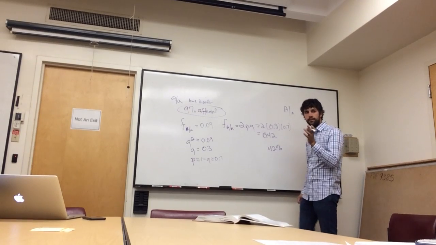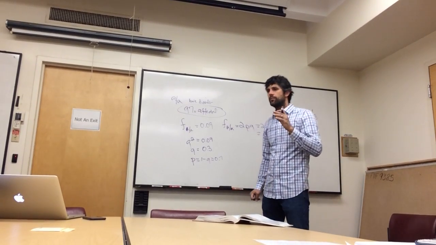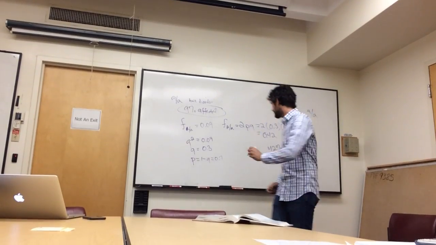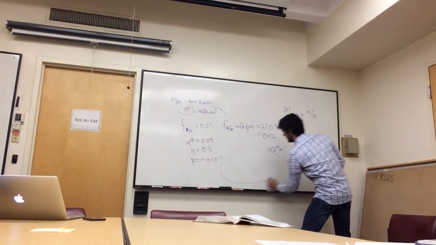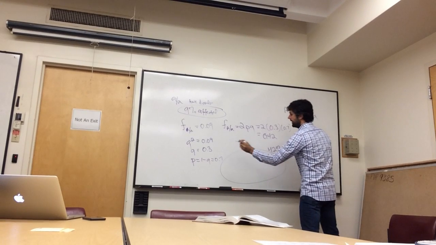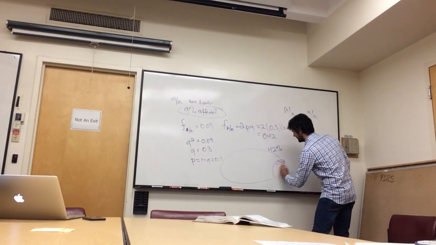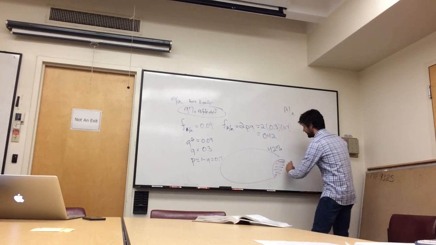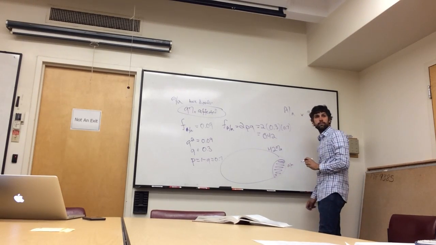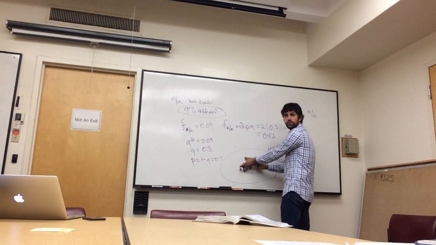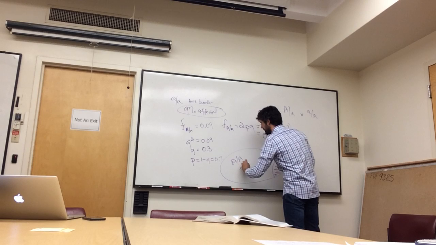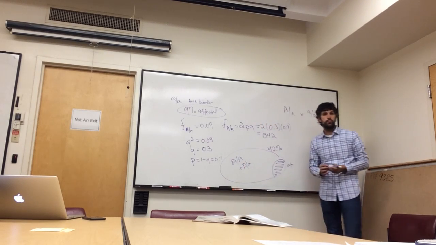But we're not exactly dealing with the whole population here. So let me draw the whole population. We have 9% of the population that are affected, and these are the little a people. Then we have the rest of this population, which is a combination of big A, big A and big A, little a people.